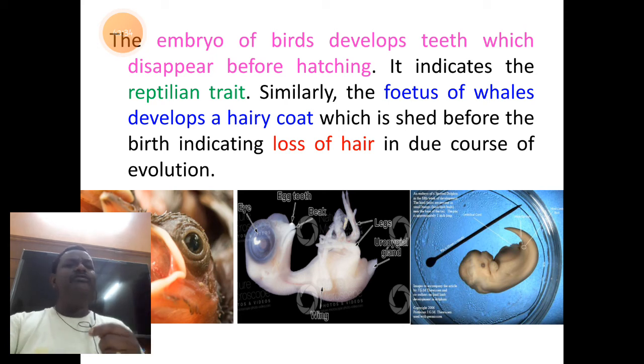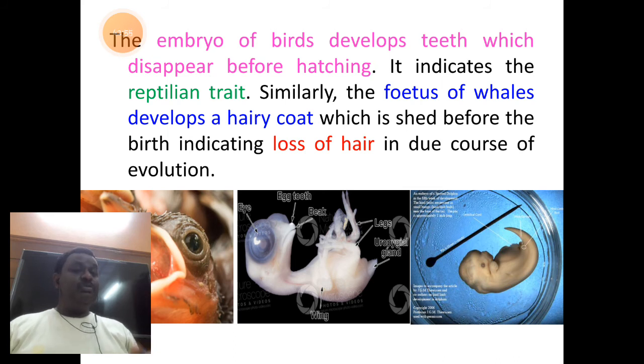Similarly, the fetus of whales develops a hairy coat. The body cover of the fetus will have a hairy coat. But when it gives birth, the newborn will show total loss of hair.